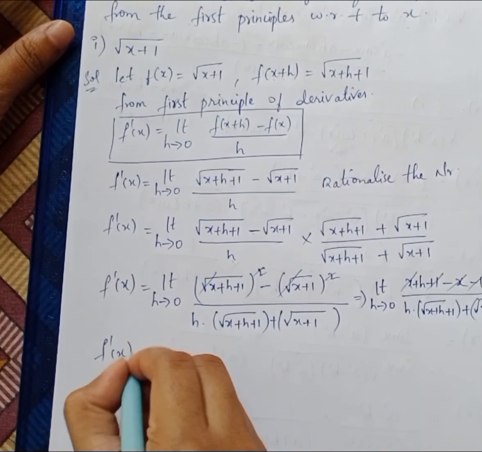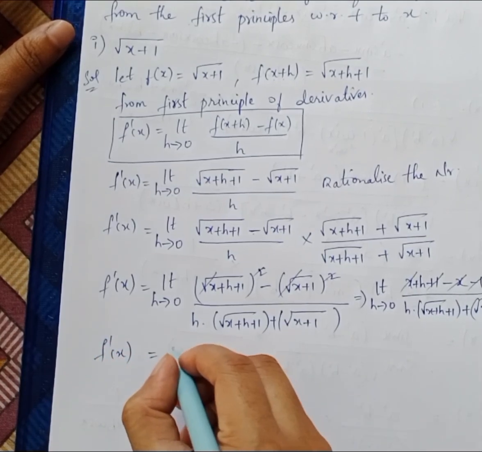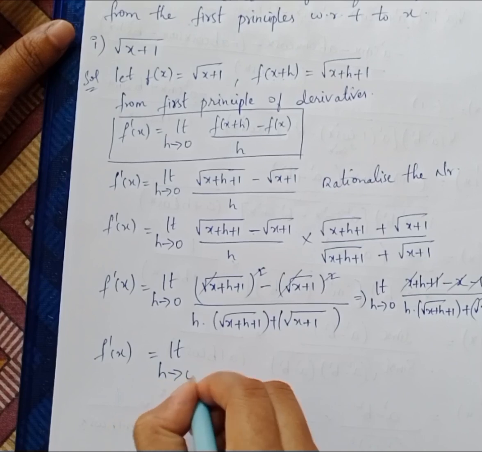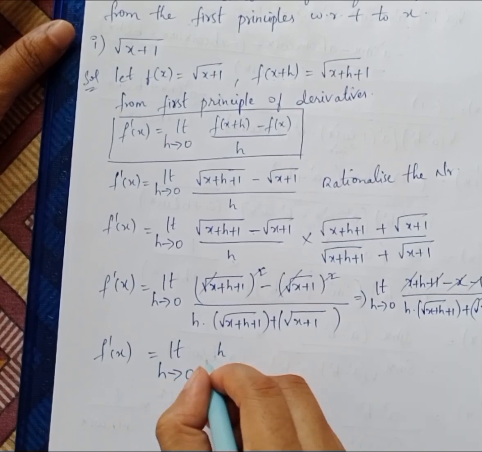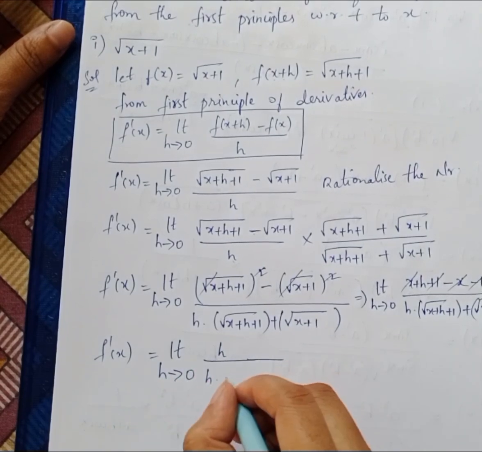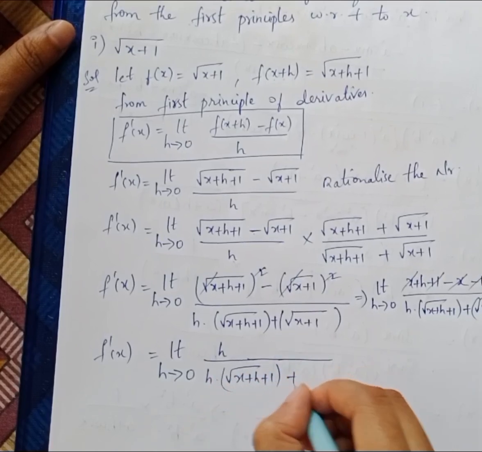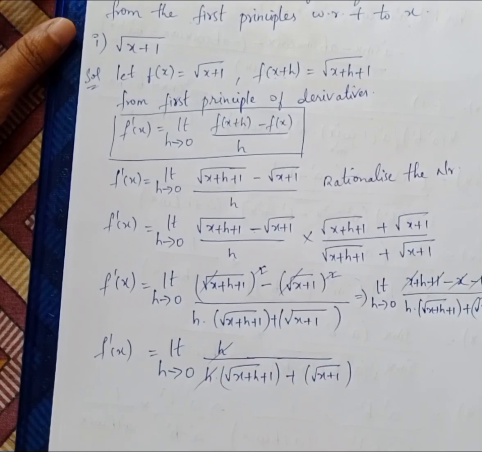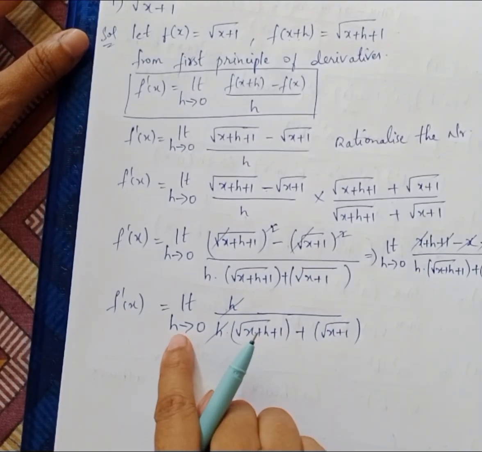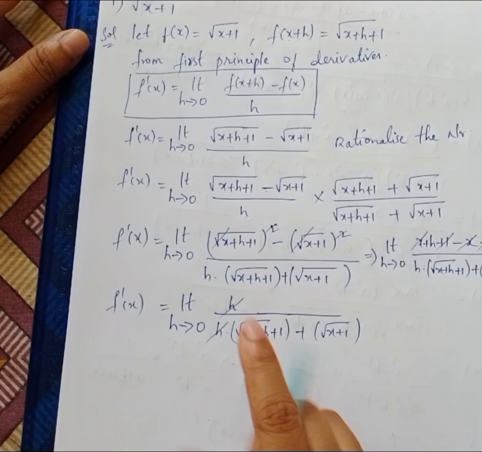So our equation is f dash of x equals limit h tends to 0. We are remaining with h by h into root of x plus h plus 1 plus root of x plus 1. Here h gets cancelled. Now substitute the value of h as 0 in this equation.